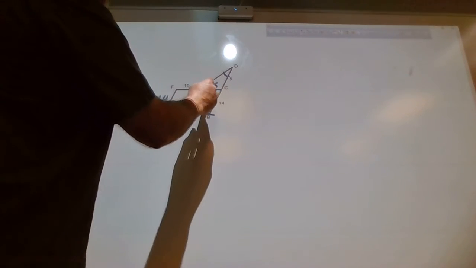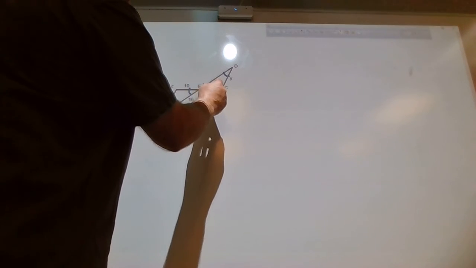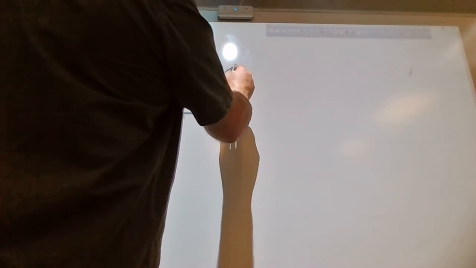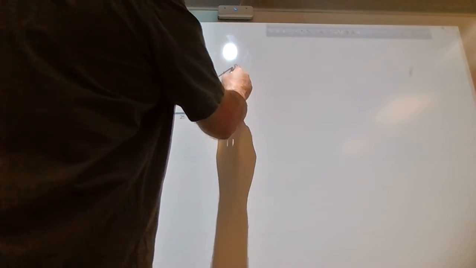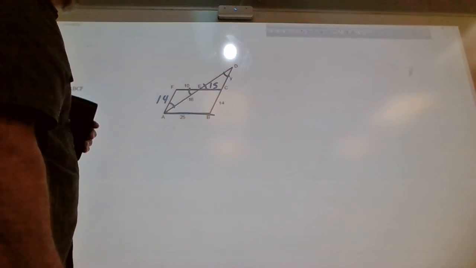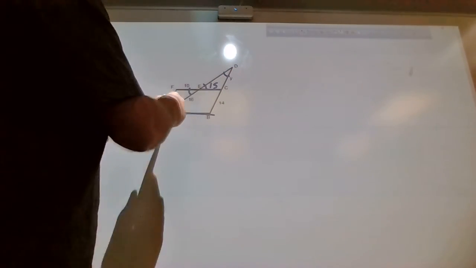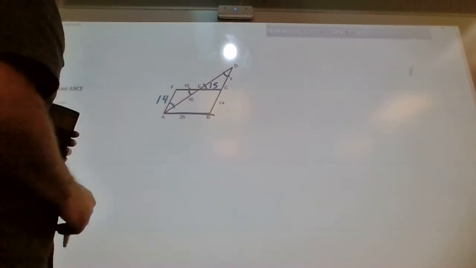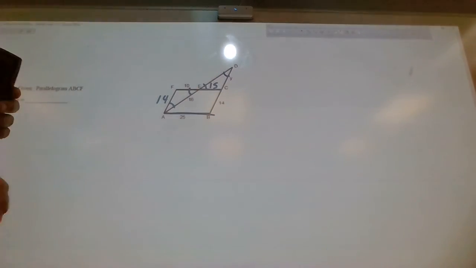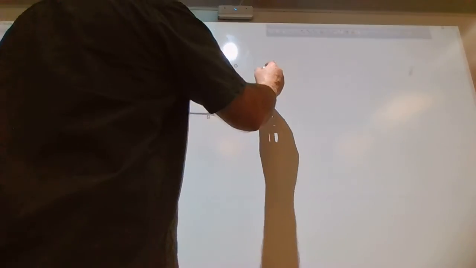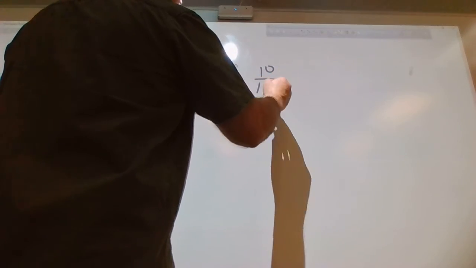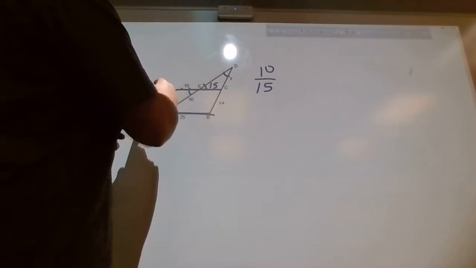So 10 is to 15. 14 is to. So these two triangles are similar because of angle. That's what you know. And so we would say that 10 is to 15, that's a proportion, as 14 is to y.